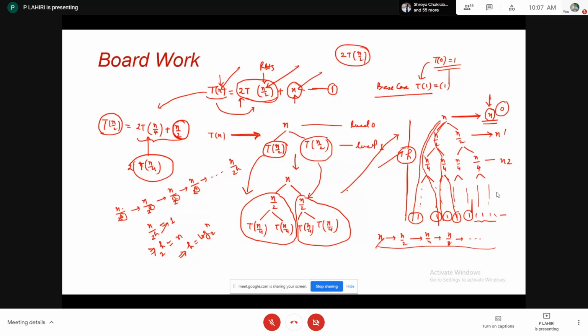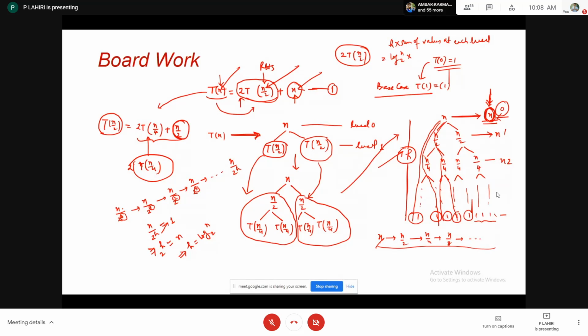The sum of the elements in all nodes is nothing but the height of the tree, h, multiplied by the sum of values at each level. So what is h? You have calculated log of n base 2. And what is the sum of values at each level?